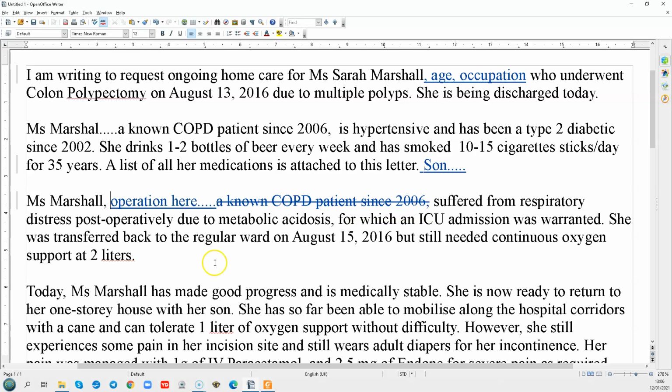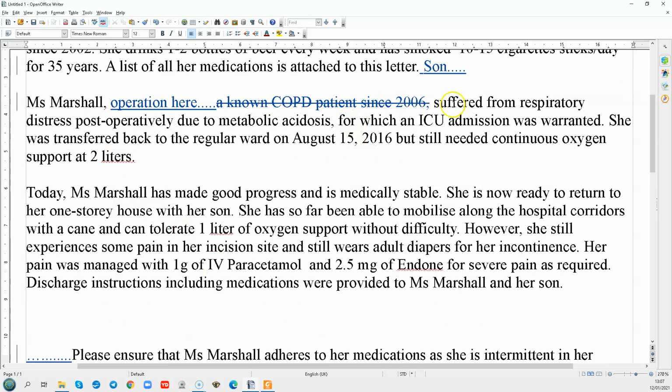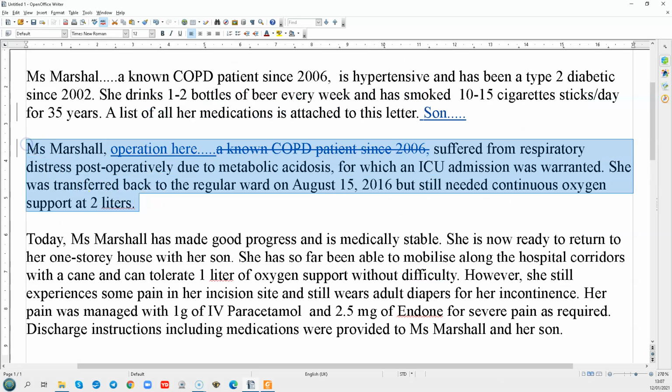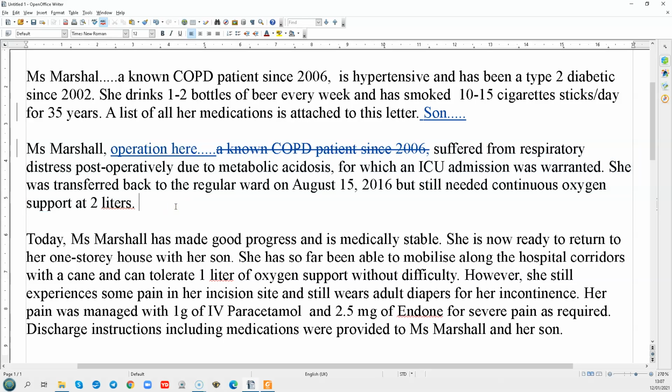We don't strictly need all this stuff about what happened in the operation, ICU, and 2 liters. I believe from the case notes, I think so. I had a quick look, and it's something to do with nursing home management or some kind of nursing agency. So they probably don't need all this information.